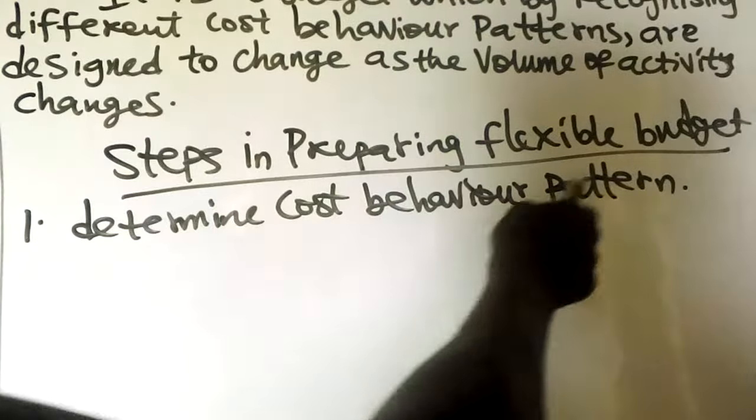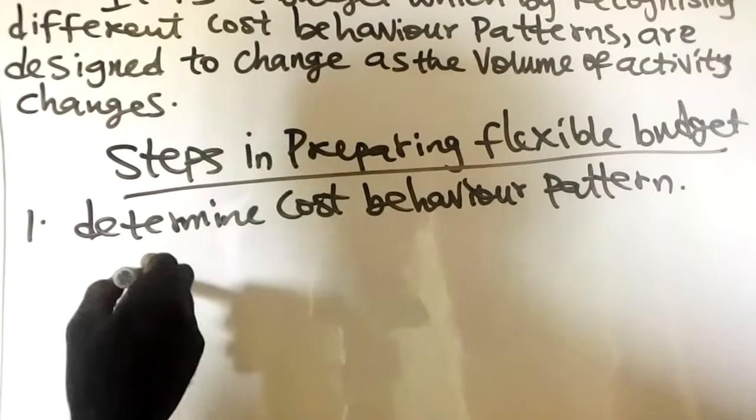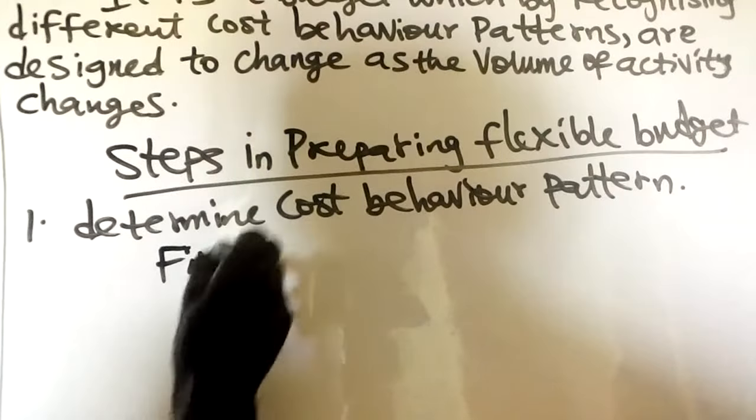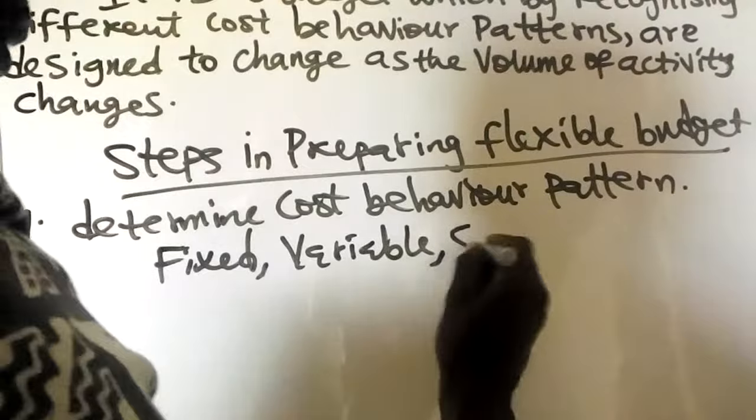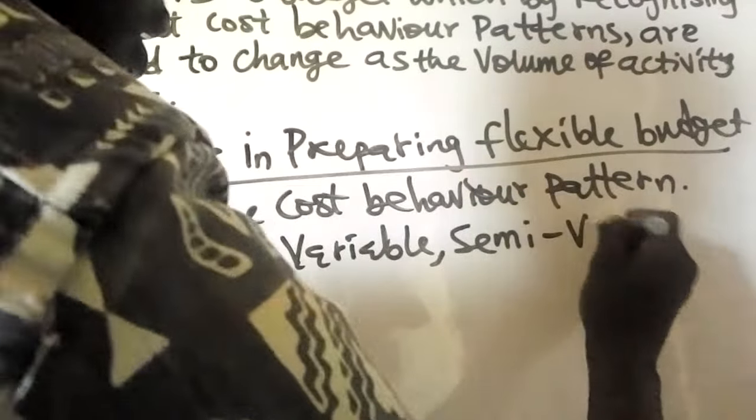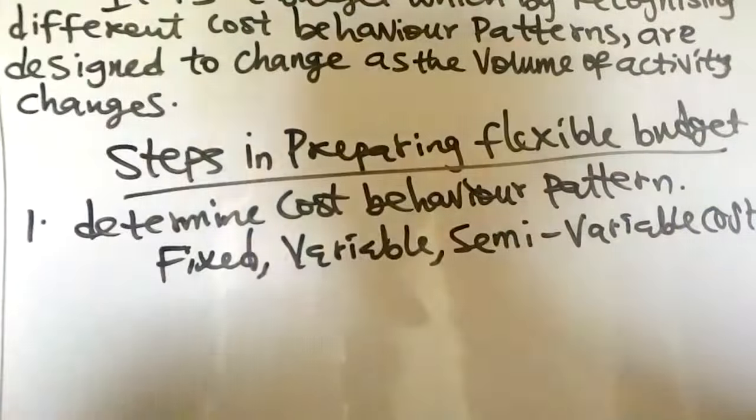By determining the cost behavior pattern, that means you want to determine whether the costs are fixed, variable, or a semi-variable cost. That is step 1.